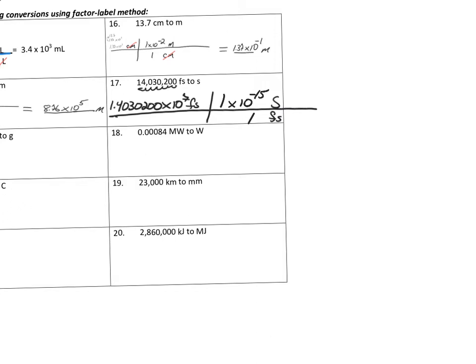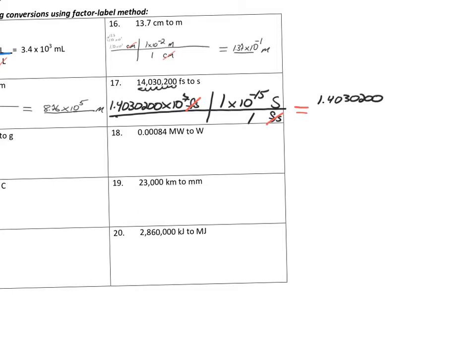So now we can cancel femtoseconds. And now when we multiply these two numbers, we're back to that long number, 1.40302000 times 1 is that number, correct?